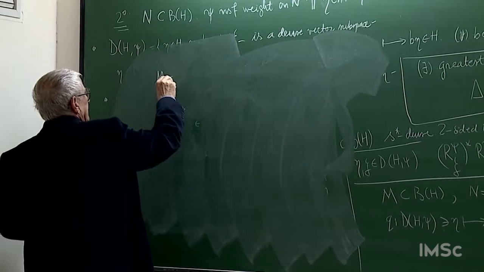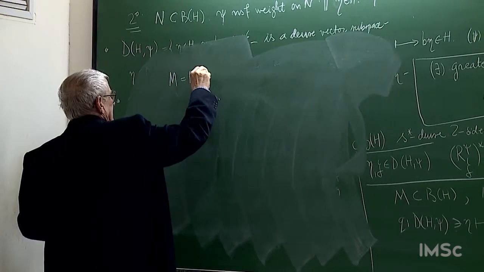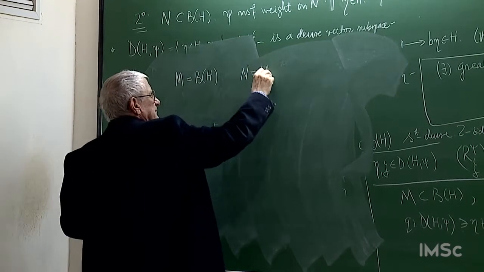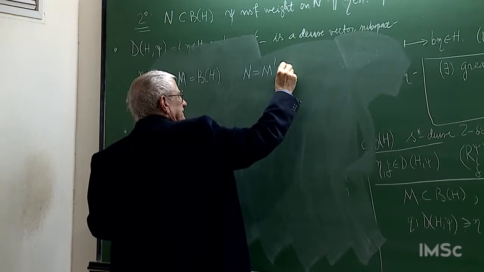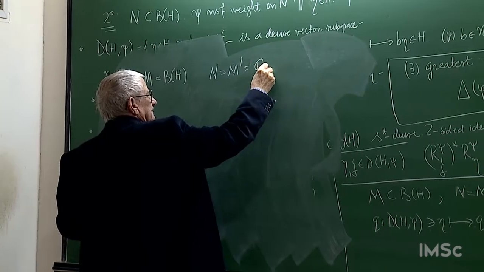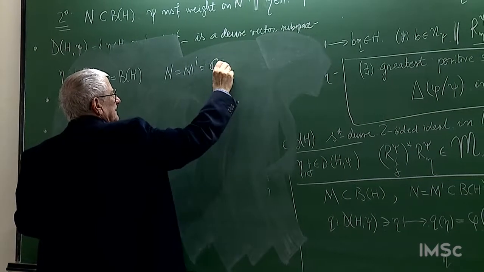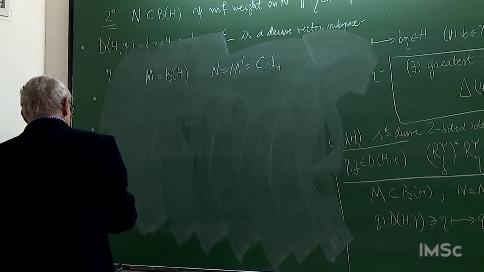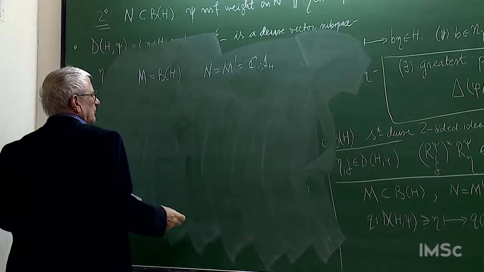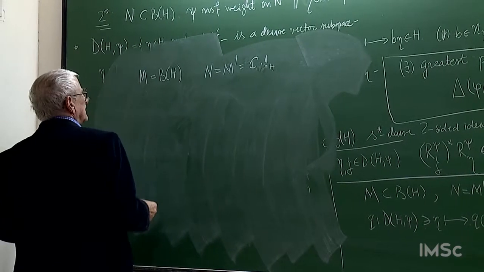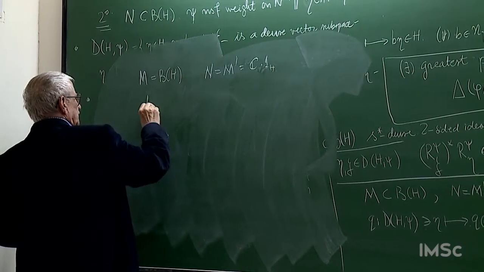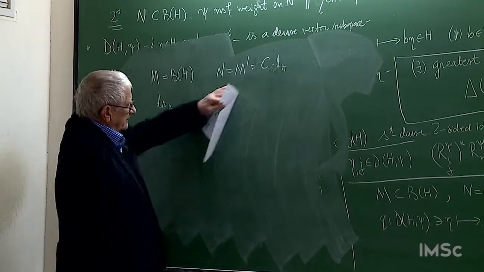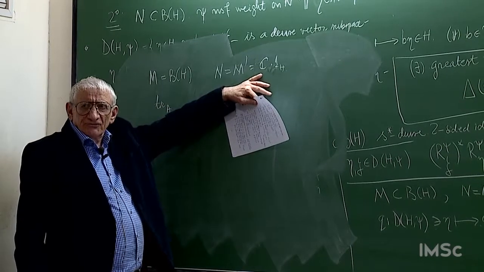M is B of H, so that N, which is M prime, is just the scalars, C times identity of H. Any normal semi-finite weight on B of H is of the form trace of A. And here you have not too many choices for a weight.